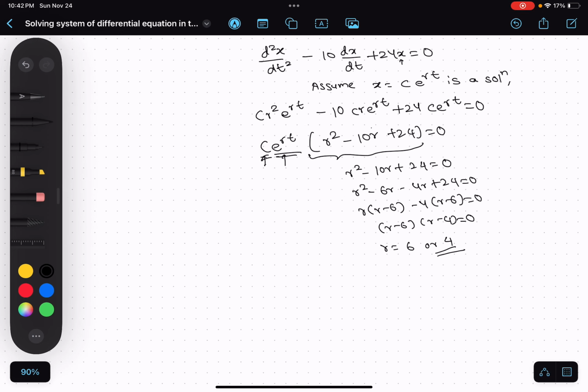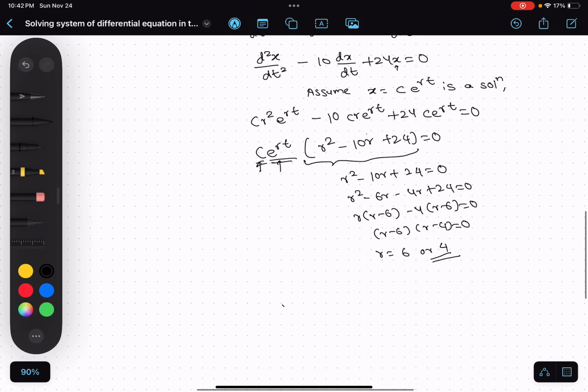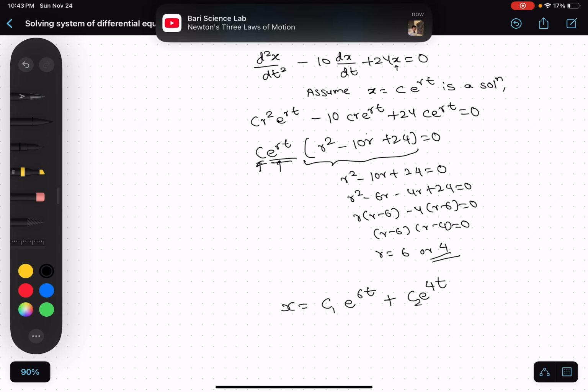Basically, both e^(6t) and e^(4t) will be solutions, and as a result, their sum will also be a solution, right? So c1 and c2, those constants can be different according to the initial conditions.